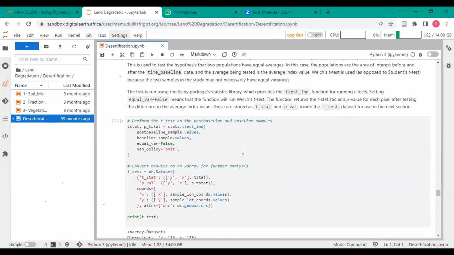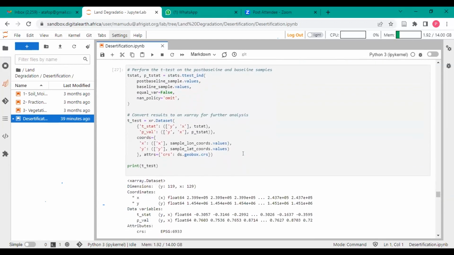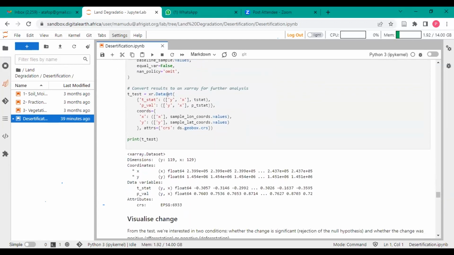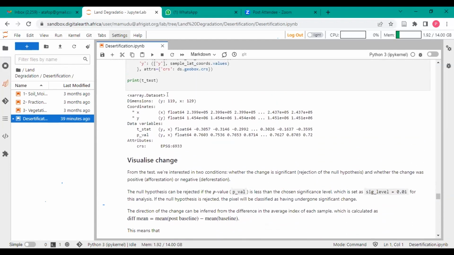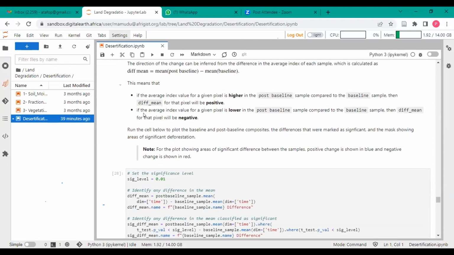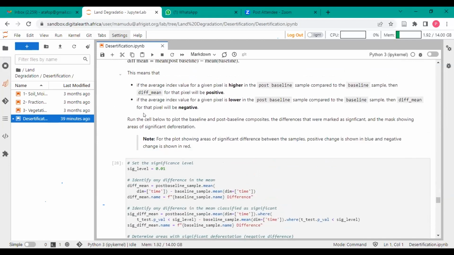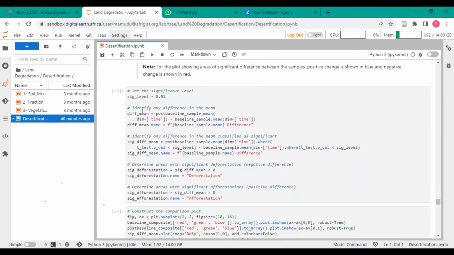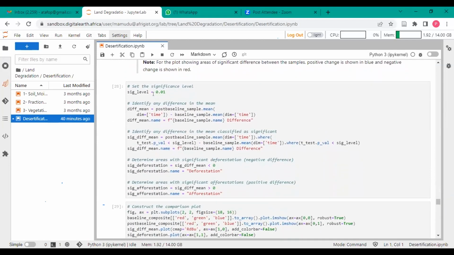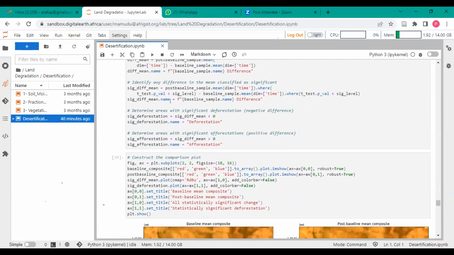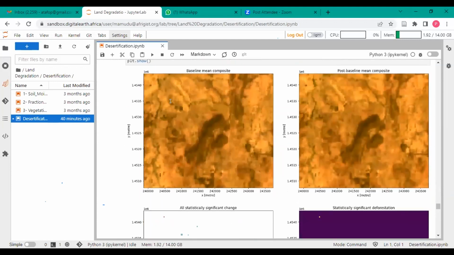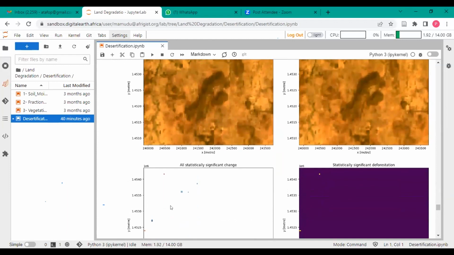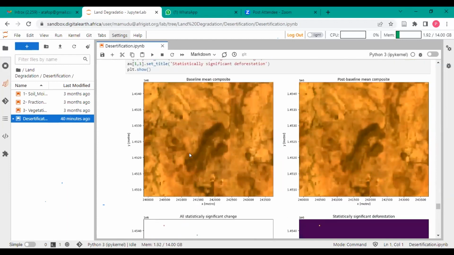Now, analyzing, testing for change using the t-test, we are able to determine some negative changes in the study area. And using a significance level of 0.01, we are finding that there is some minimal statistical change in the study area.